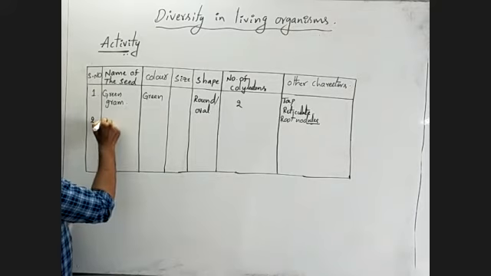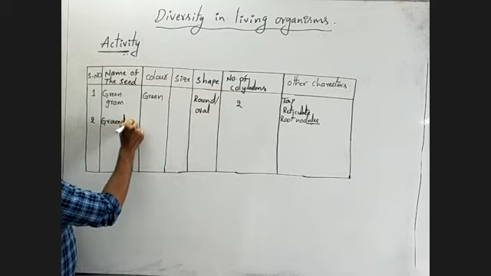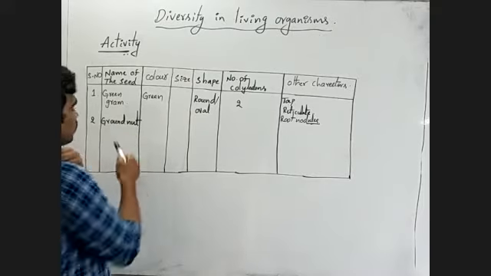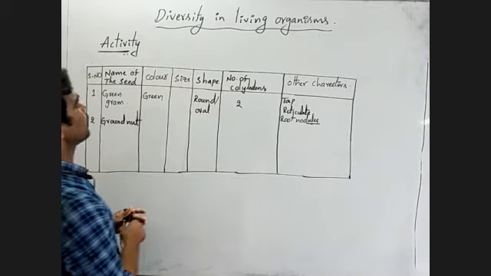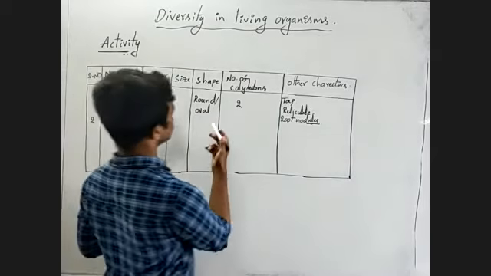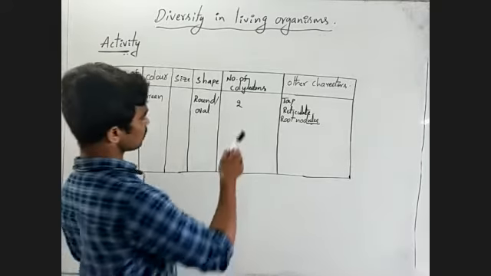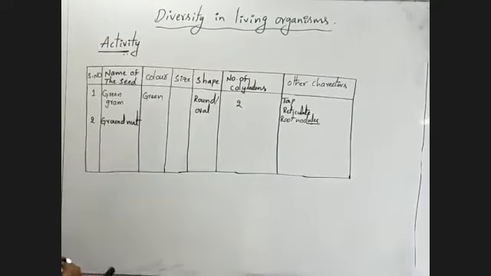Next, any other seed, for example groundnut. Groundnut: pink, brown color; size something; round; number of cotyledons 2, and all these characters.